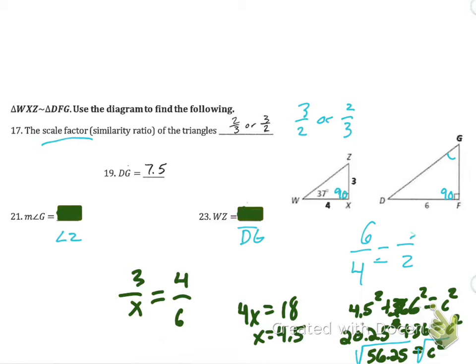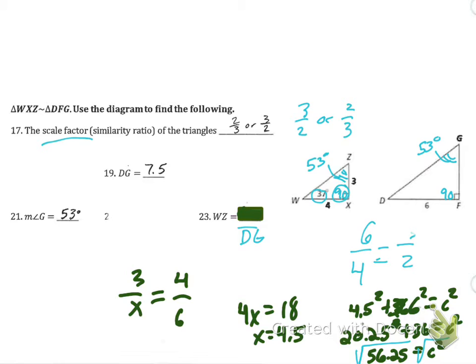That would mean angle Z should be the same angle. So angle G is going to be equal to angle Z, okay? But what I have to find out is what measure Z is. However, I have two of the angles, so I'm going to do 180 minus 90 minus 37, and that's 53. So if it's 53 in Z, it's going to be 53 in G. Let's see if I'm right. All right, there we go.